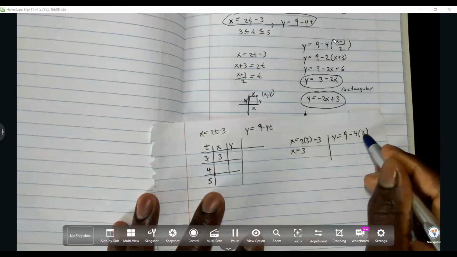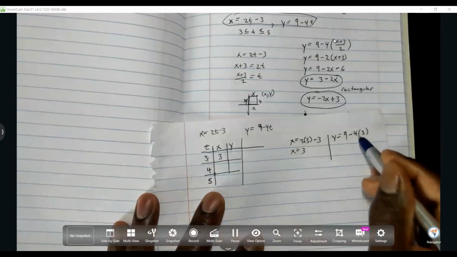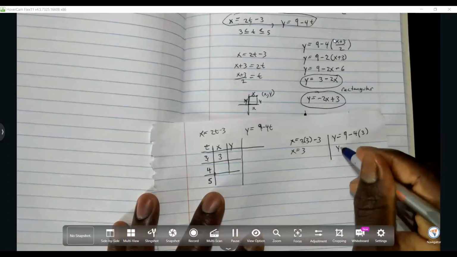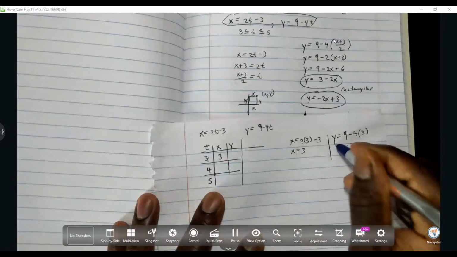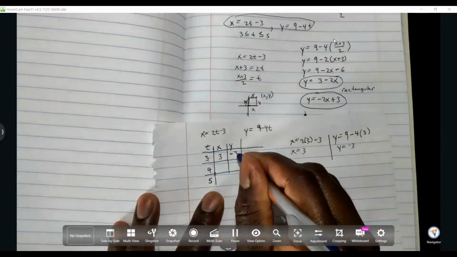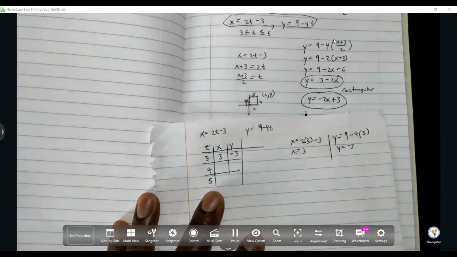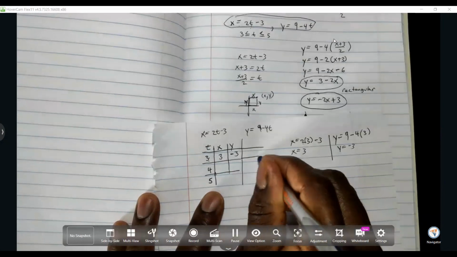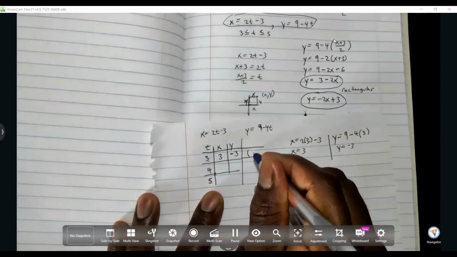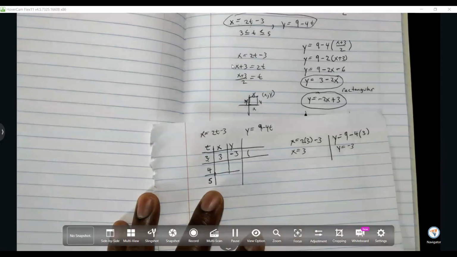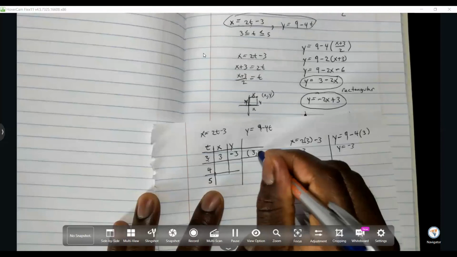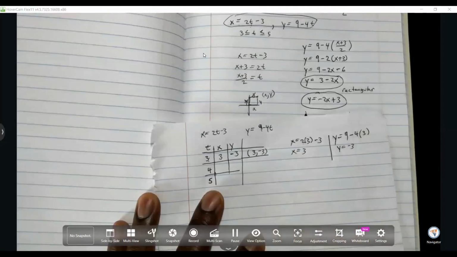So 4 times 3 is 12. 9 minus 12 is -3. So that means that the first point that we're going to have from what they ask us to graph is 3, -3. All right, does that make sense?